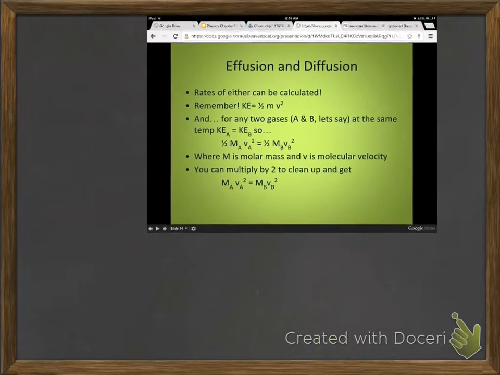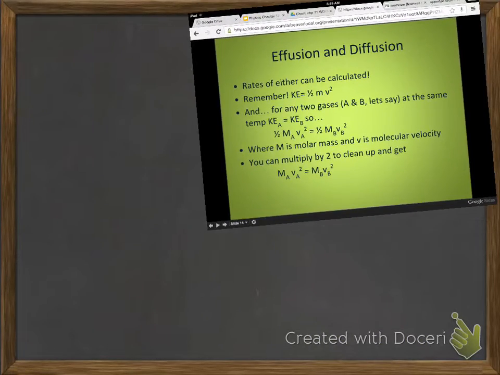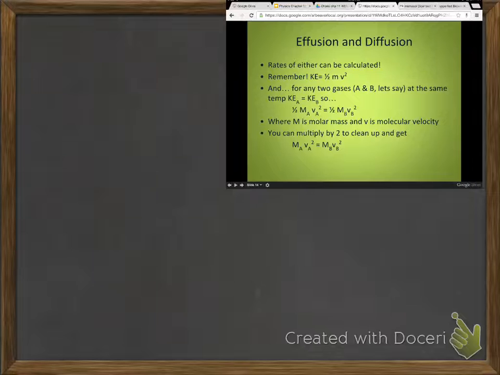Okay, now, here's the last idea we're going to discuss. Do you remember what effusion is? Do you remember what diffusion is? We'll start with diffusion. Diffusion is where they slowly disperse from the air, like if you spray the perfume, how it slowly disperses.